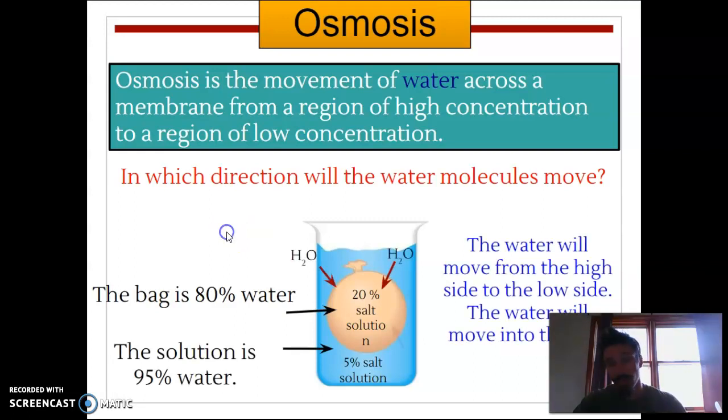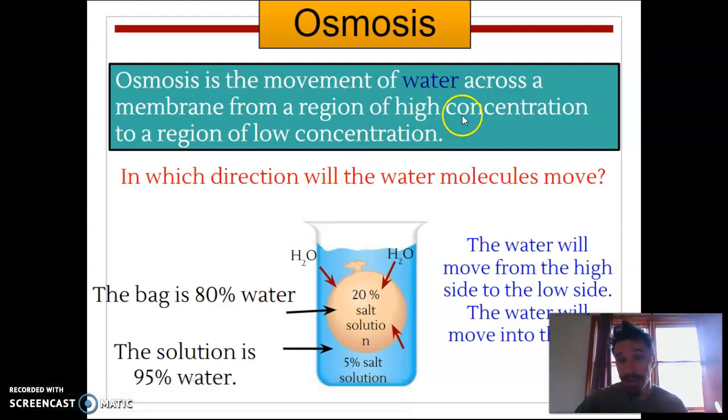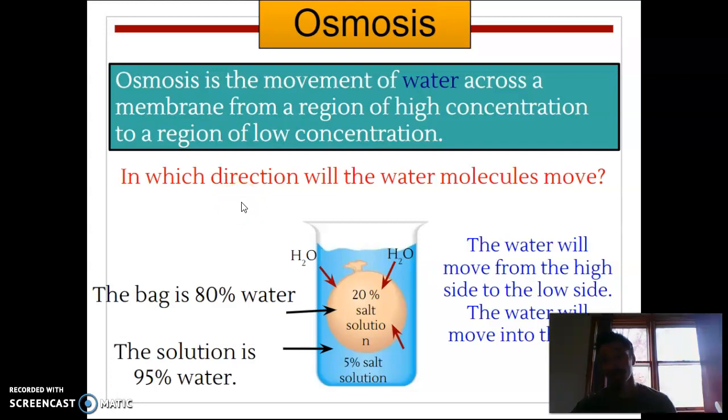Water flows in from an area where it is concentrated at 95% to an area where it is concentrated only at 80%, from high to low concentration. That is osmosis. Remember, osmosis talks specifically about water. You would never say this molecule is undergoing osmosis. You would say a molecule is diffusing. But if you talk about water, you say osmosis.